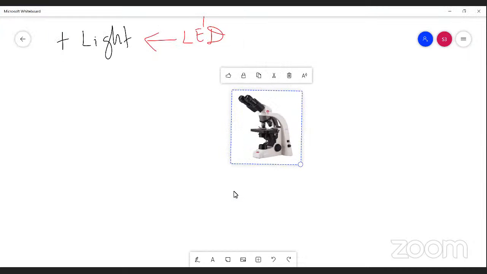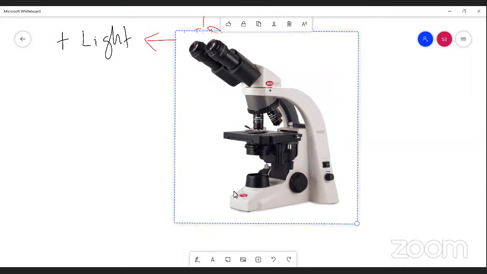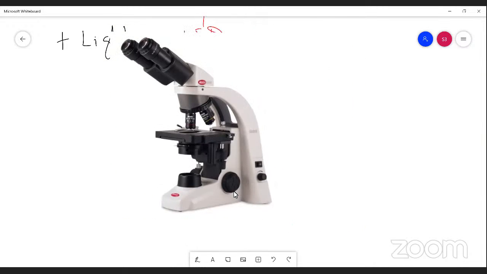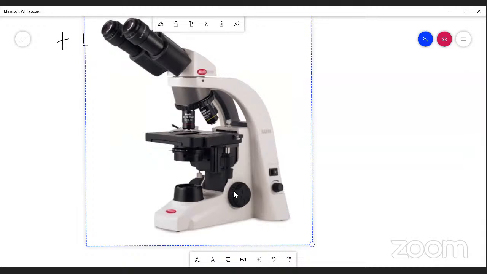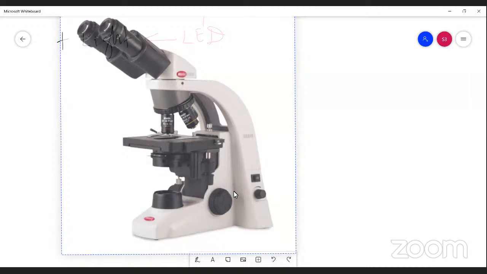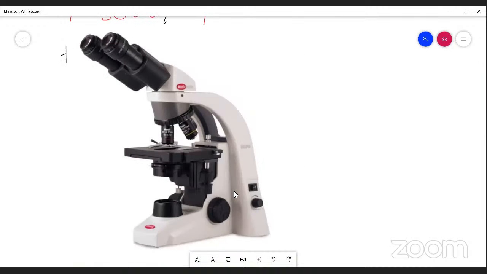Dear students, now this is a bright field microscope where you see different lens systems, right? As I said, it consists of several types of lens system. Here, this is a right example of a diagram for bright field microscope. Now, I'm talking about light. This is a light, right? Actually, this is a light which emits from the LED light.